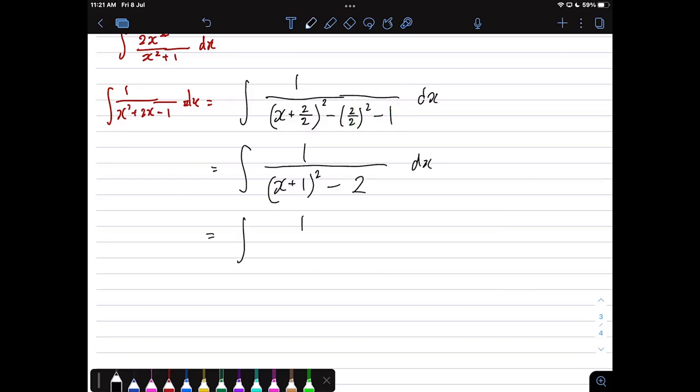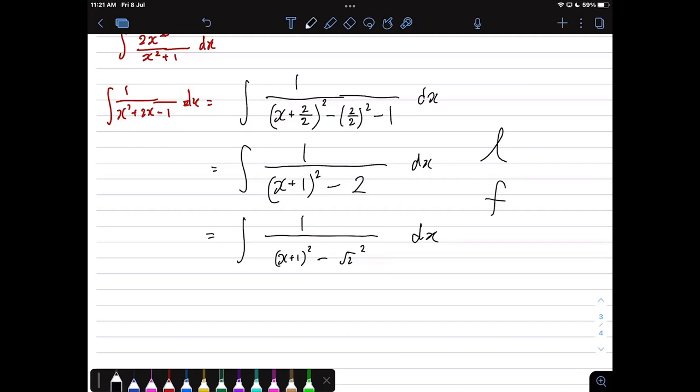Notice that this is just minus square root 2 squared. So what formula can I use? Is there a ln? Is there an f prime x over fx? Definitely not. Is it a formula?